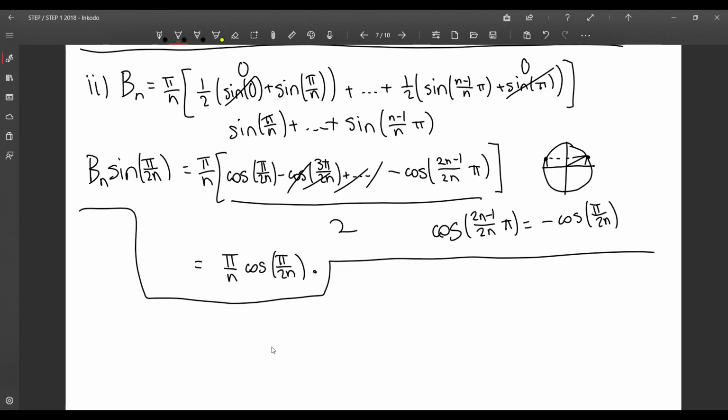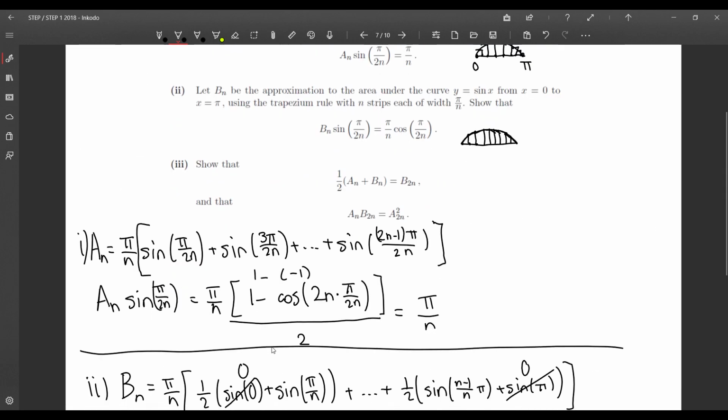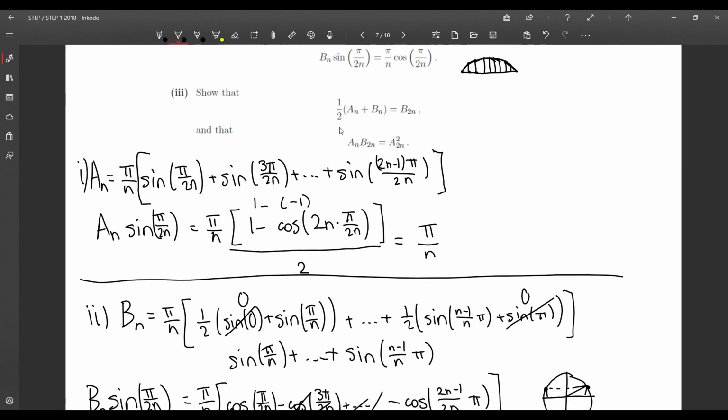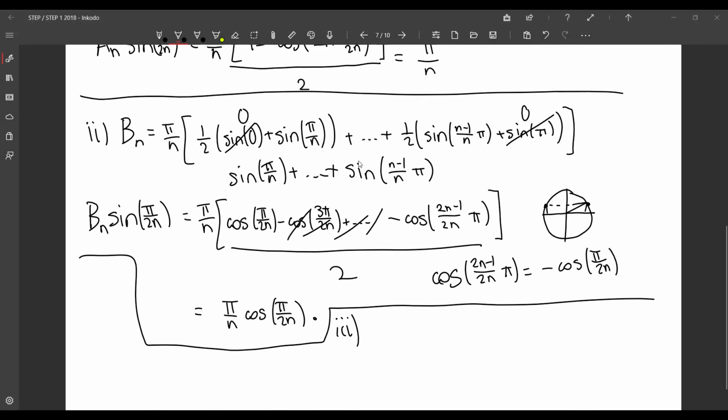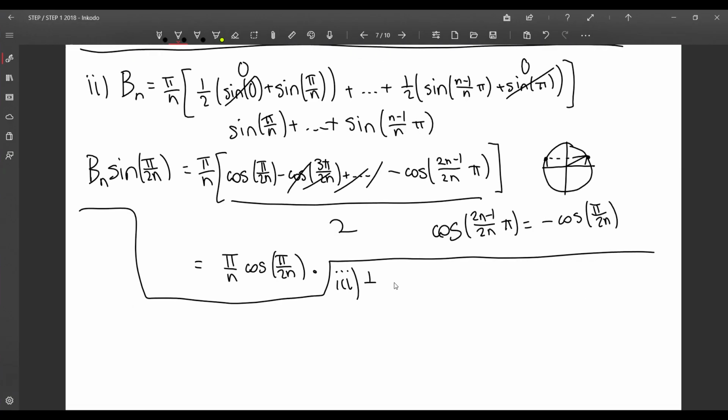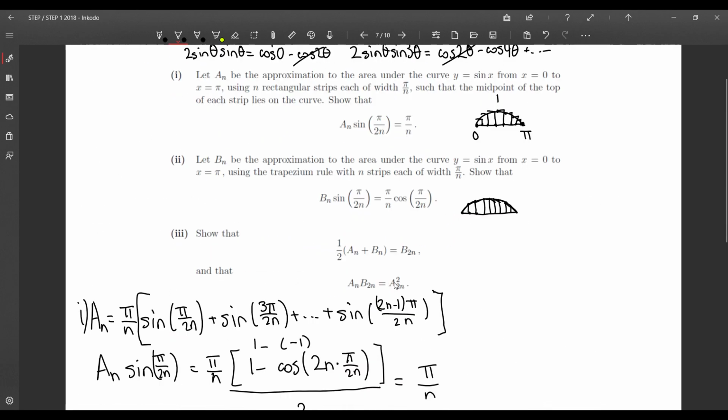Now the third part is to show a couple more things. So we want to show that the average of a_n and b_n is equal to b sub 2n.